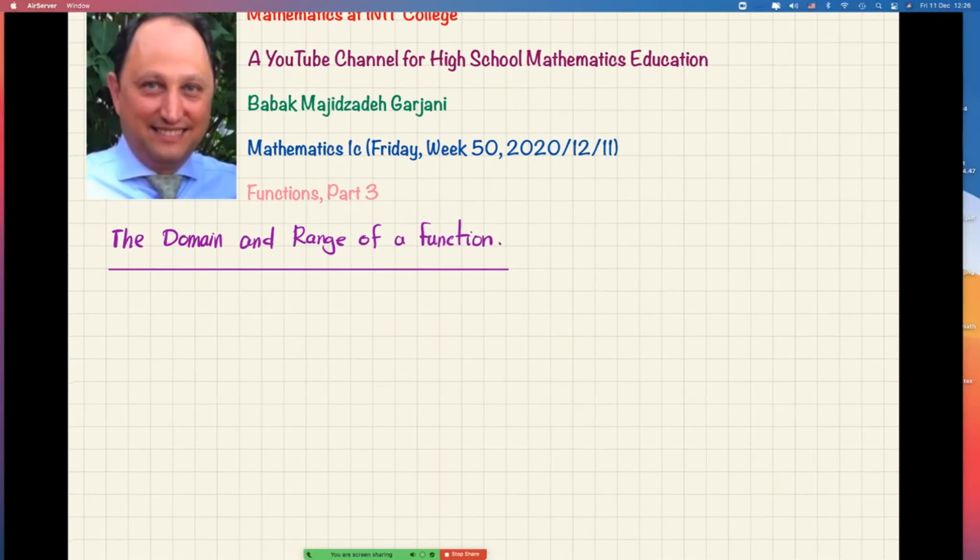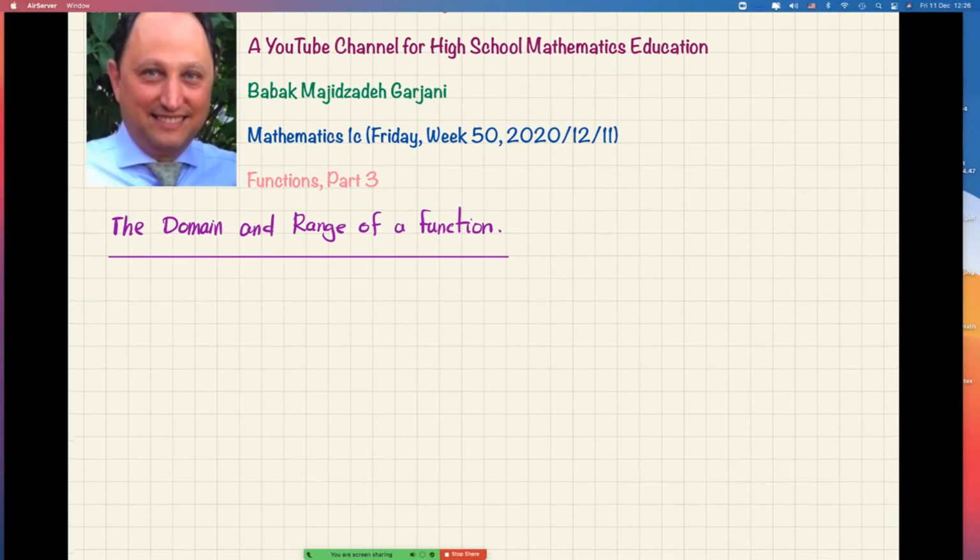Of course, this is a little bit advanced lesson, so I just want you to understand what the notion of domain and range is for a function. Actually, the domain of a function is the set of all inputs that the function can accept from you.